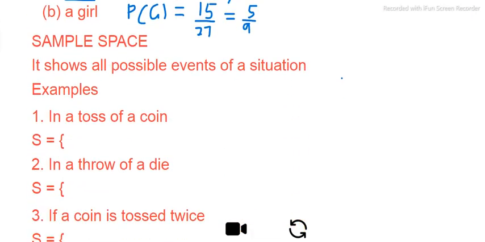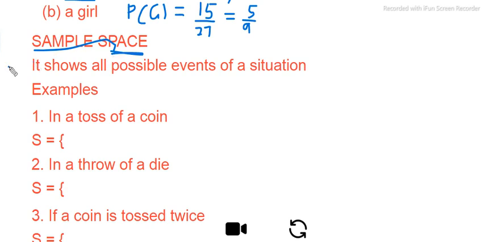Now in a probability question, we have what we call sample space. So you must be able to write the sample space of any question that deals with probability. So here I will give the sample space of some common events or questions that are usually asked.